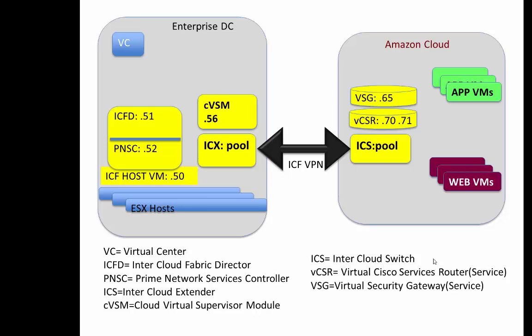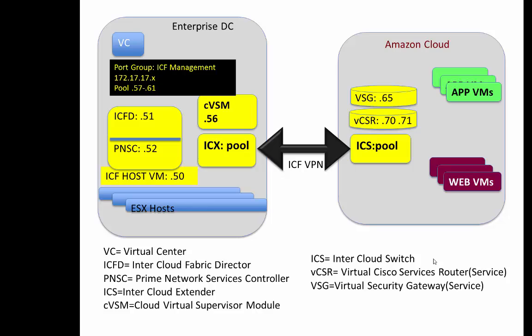We need to assign the IP addresses statically, so those are the IP addresses we'll assign. And if you remember the port group, we are going to use this ICF management for all the yellow boxes. Those are the ICF pieces of VM, and the IP address is 172.170.x. For ICFD it is .51, PNSC .52, CVSM .56, and we'll see what it gets from the pool.